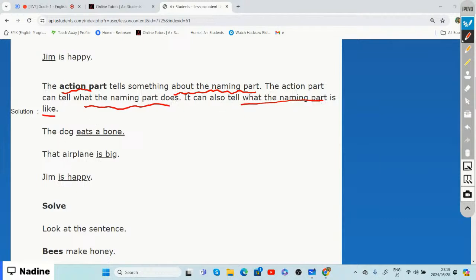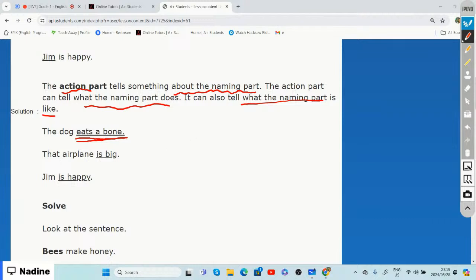For example, the dog eats a bone. Remember, we identified already that the naming part is the dog. So now what the dog does or the dog is like. We can say the dog eats a bone. So eats a bone tells us what the dog does because he eats a bone.